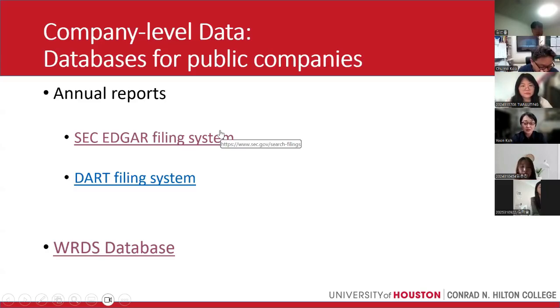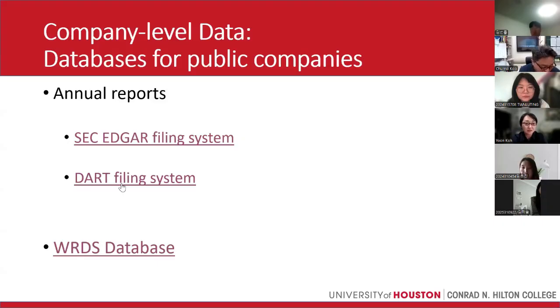What about Korean public companies? In that case, you go to the DART filing system. This is very similar to the EDGAR system. I don't know it very well. It's corporate filings, the same thing.